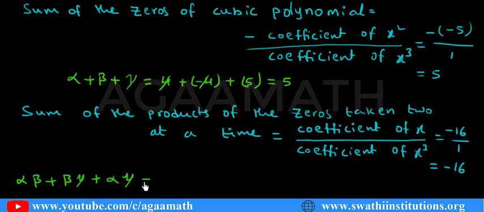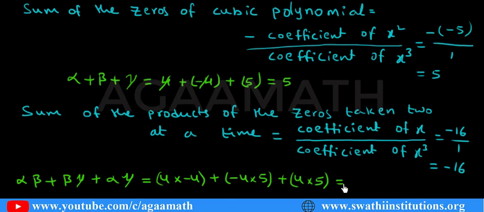So that equals to what? One is alpha beta, 4 into minus 4, plus minus 4 into 5, because alpha means 4, beta means minus 4, gamma means 5. Similarly here also we just substitute those values here, right? And alpha gamma is nothing but alpha means 4 into gamma is 5.